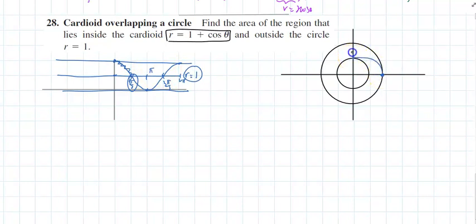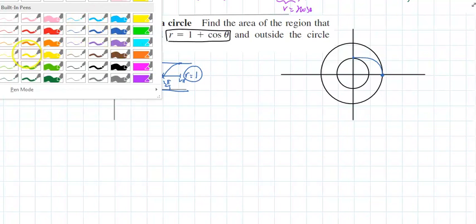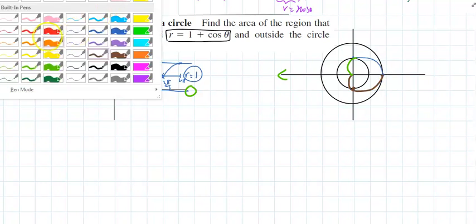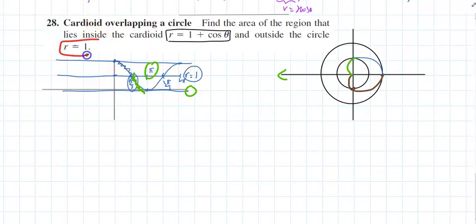By the time I hit pi over 2, I am at 1, then keeps on decreasing. By the time I hit pi, I am at 0. And we know this graph is symmetric with respect to the x-axis, so we know the graph looks like that. Versus this graph right here, r equals 1, this is simply that circle right there.